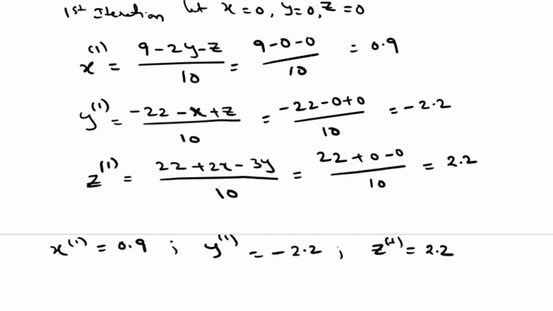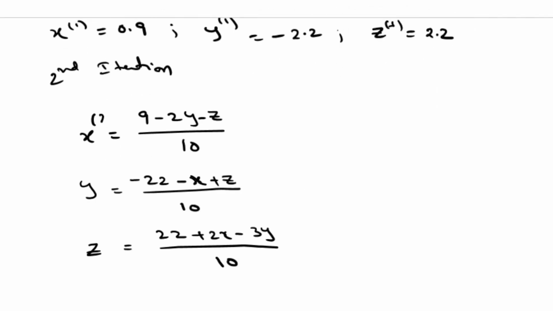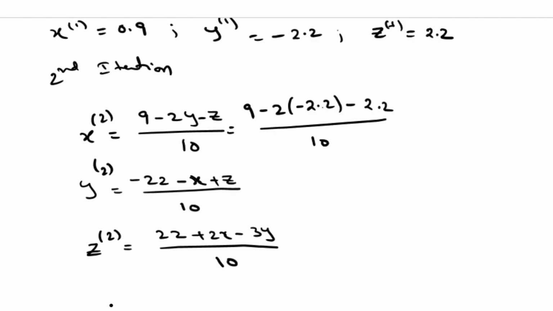Now again we'll go for second iteration. For second iteration we will consider these values. x in the second iteration is 9 minus 2 into y, which is minus 2.2, minus 2.2 by 10. You can obtain this value as 1.02.